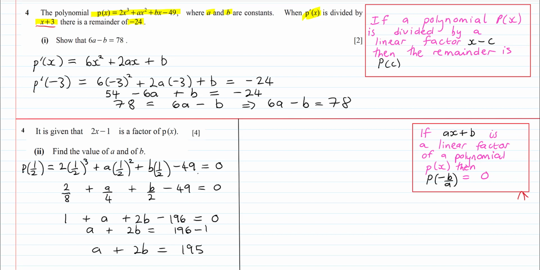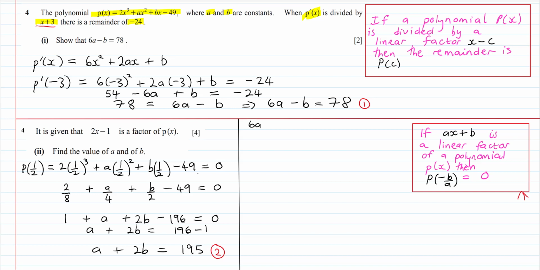195. So we're trying to find the value of a and b, and now I've got two equations and two unknowns. We'll call this one number 1 from part 1, 6a minus b is equal to 78, and the one we just found, we'll call that equation 2, a plus 2b is equal to 195. So we'll go about solving these simultaneously.